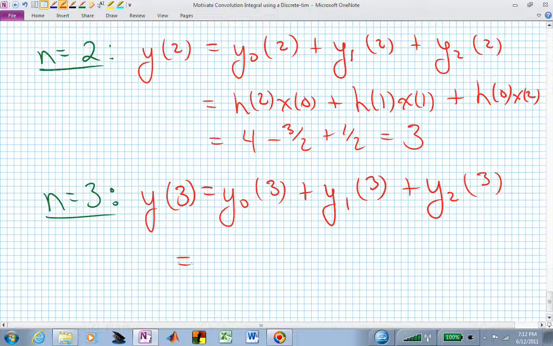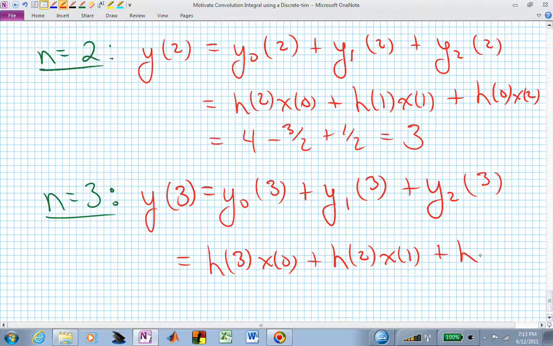y sub 0 of 3 is now already corresponding to 3 units beyond the application of its input at time n equals 0. So this is now h of 3 x of 0. y sub 1 of 3 is now 2 units of time beyond the application of the input at time 1, and y sub 2 is now 1 unit of time beyond the application of the input at time 2.